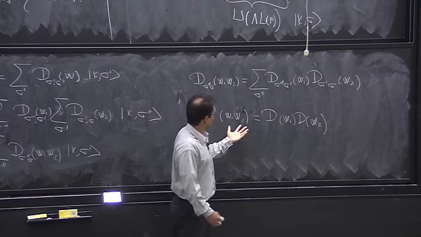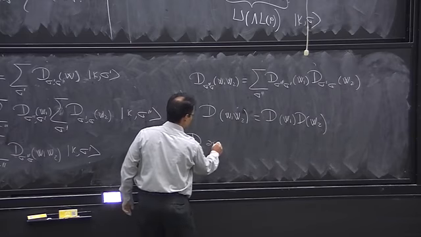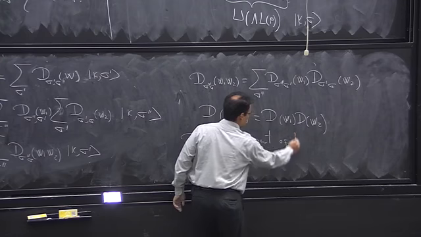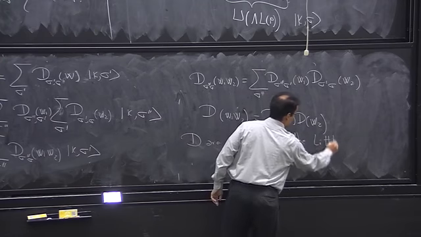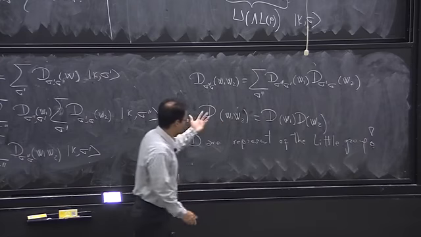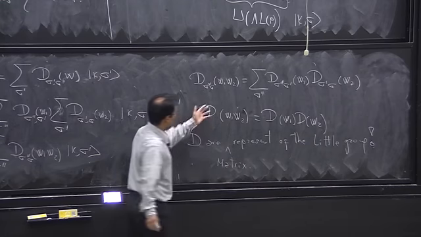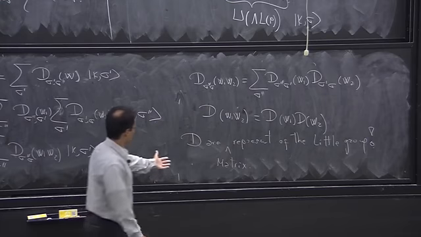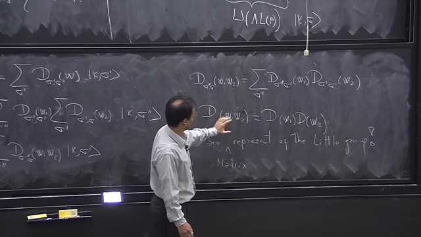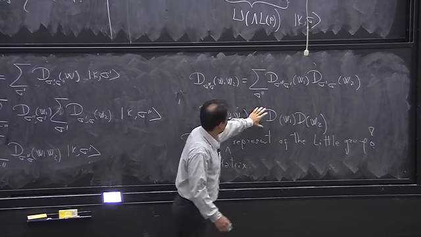So matrices that furnish a representation of the little group, but matrix representations. And the job is to classify all these matrices, all the possible representations of the little group in terms of matrices acting on some vector space. And once we do that, we have the D's.